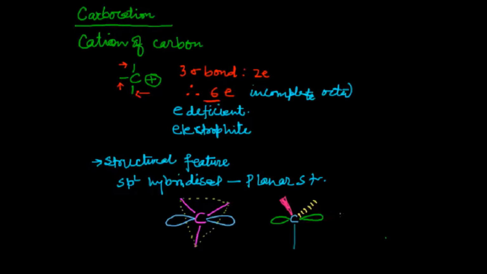So this is the basic structure of a carbocation, having a positive charge. This structural feature is very important, because while considering the reaction, it affects the stereochemistry of this carbocation.